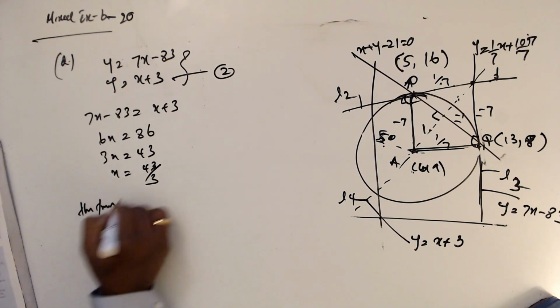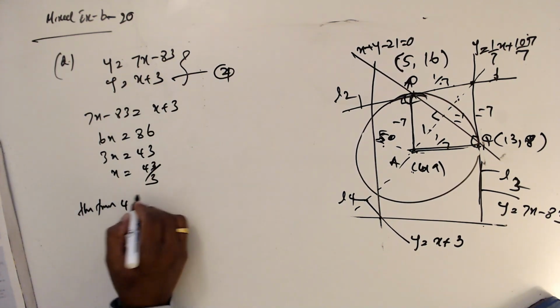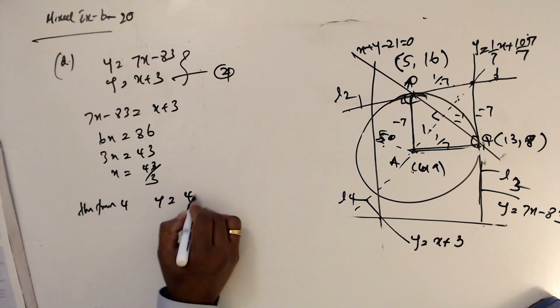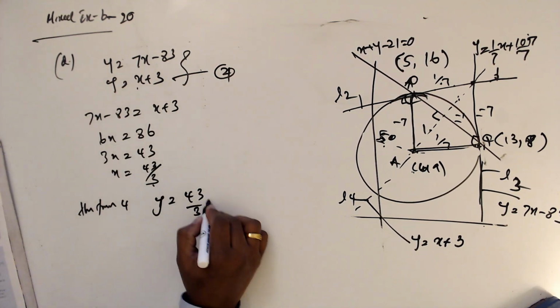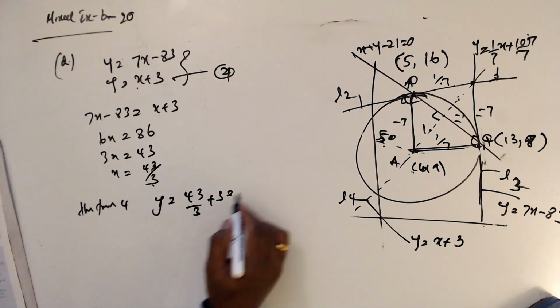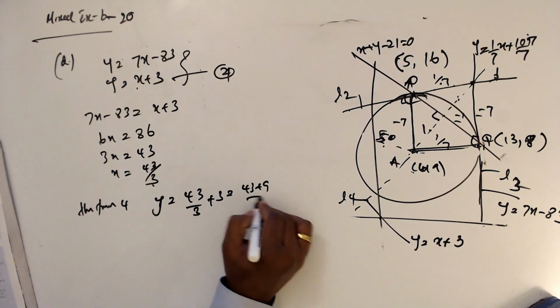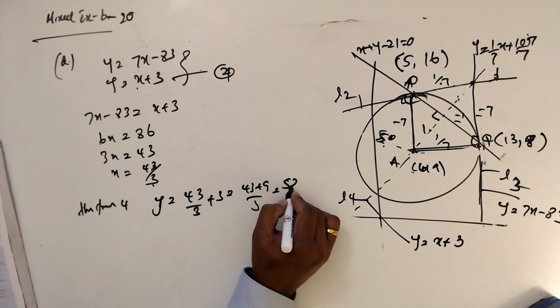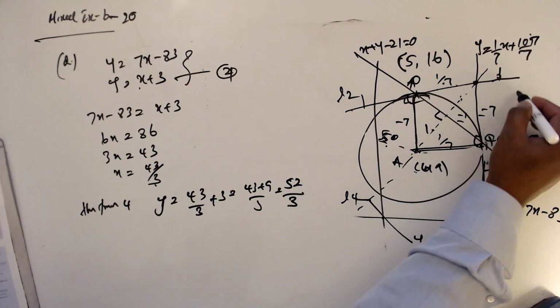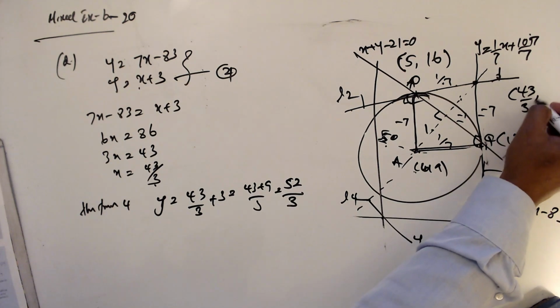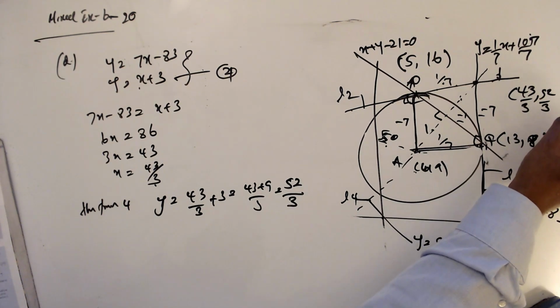Then from L4, y equals 43 over 3 plus 3. It means 43 plus 9 over 3, 52 over 3. So this point is (43 over 3, 52 over 3).